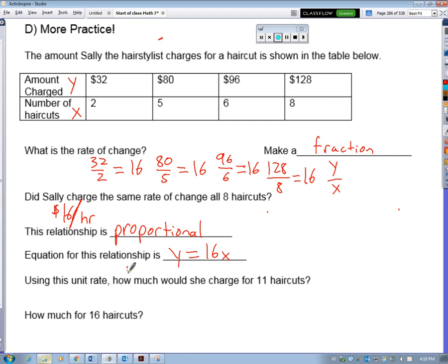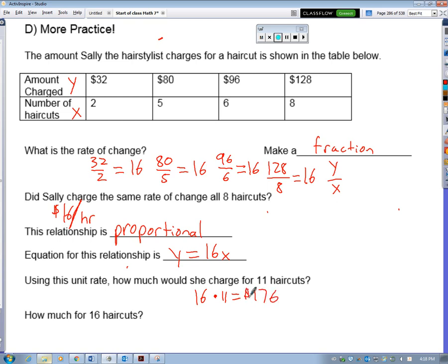Alright, and now we can use this equation to answer some other questions like, how much would she charge for 11 haircuts? Well, haircuts is x, so we're just going to go 16 times x to find out y, the amount charged. 16 times 11. If we do the math on that, that is going to get us $176.